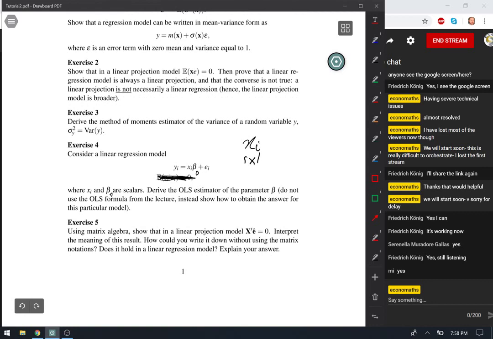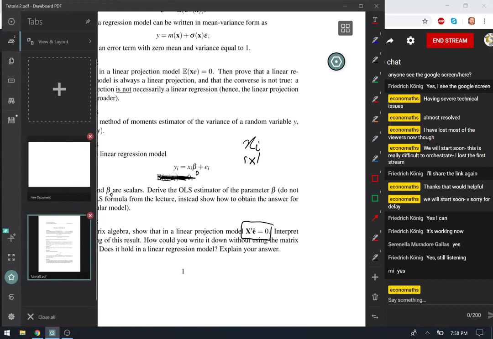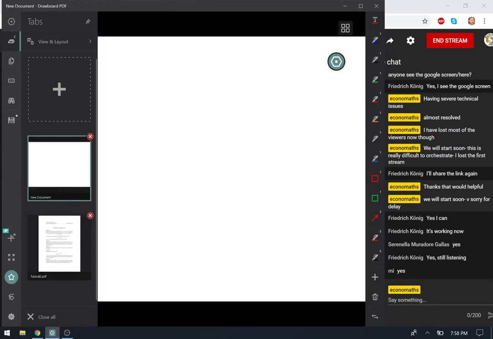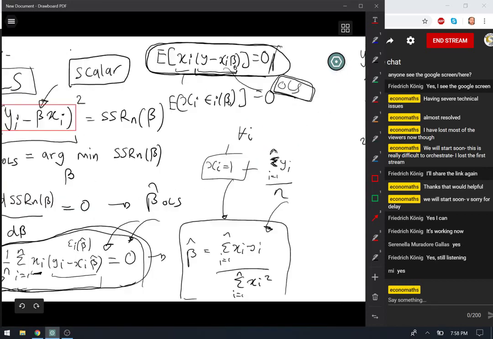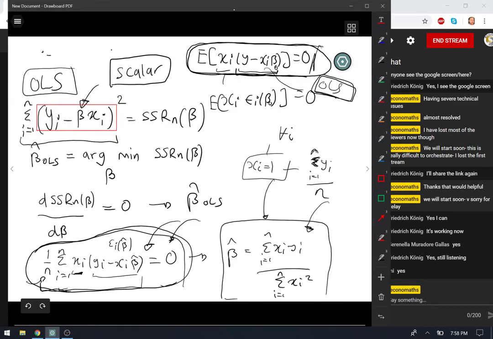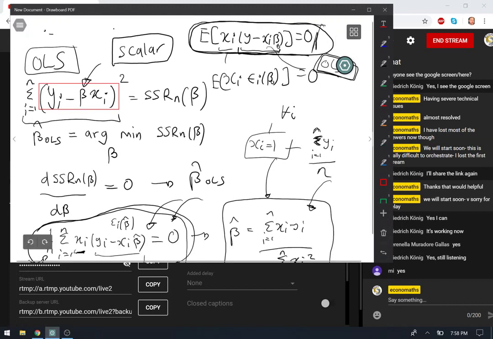But using matrix algebra, show that in a linear projection model x dash e hat equals naught. Well, okay, again, it should have given a bit more. It's taking this from the lecture notes. It should define what these things are. By definition, this e hat is the fitted value.